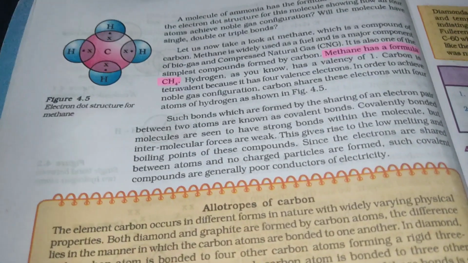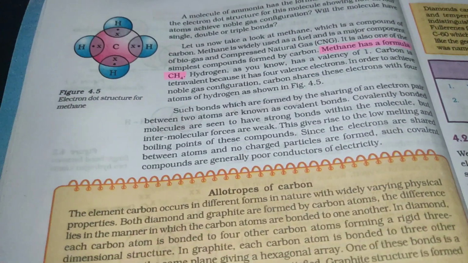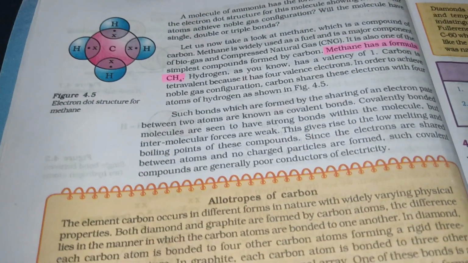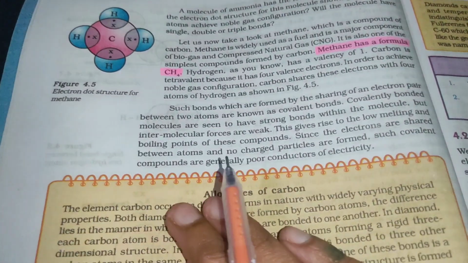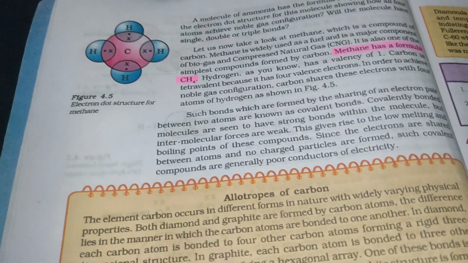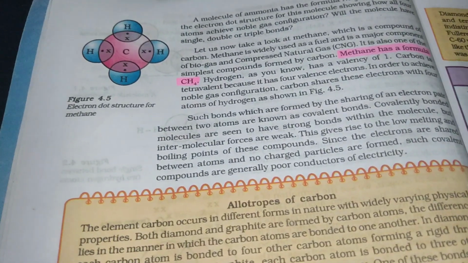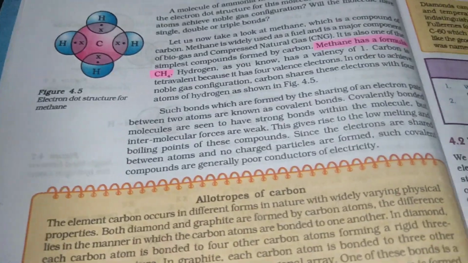That's why they have low melting and boiling points. Since the electrons are shared between these atoms, there are no charged particles. Such compounds are generally poor conductors of electricity. Now let's see the difference between ionic compounds and covalent compounds.